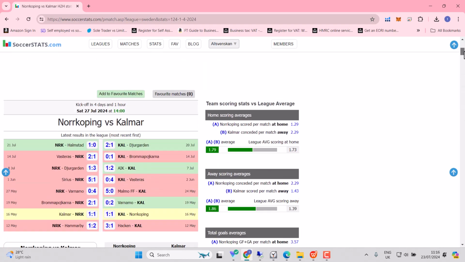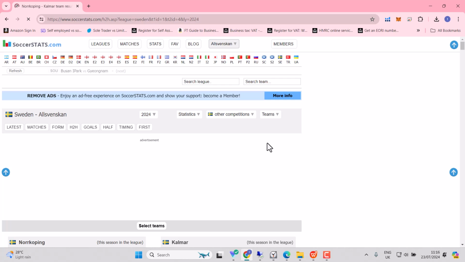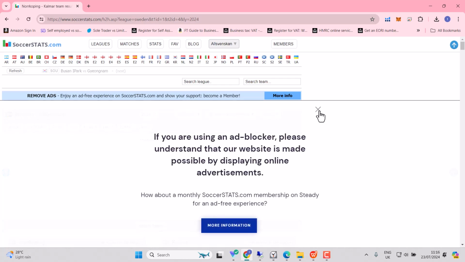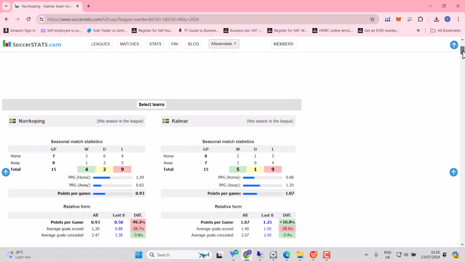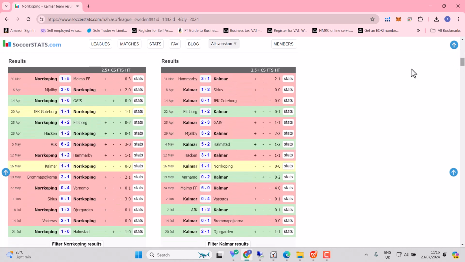So what I do, I scroll down here, view stats and matches for both teams. Click on that, you'll get the annoying pop-up again, but it's quite simple to just press that X. And what you'll see is the form side by side, as you can see here, in date order, start of the season, last match played.